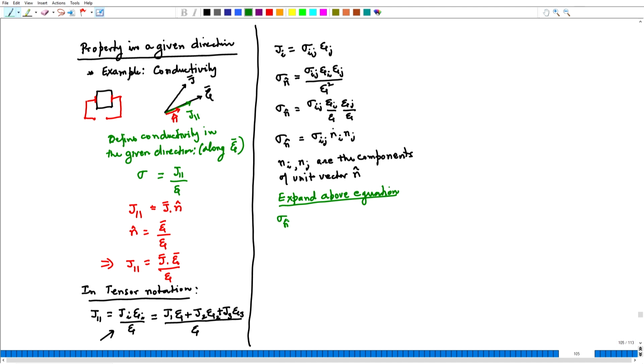So, the conductivity becomes a summation over i equals 1 to 3 and j equals 1 to 3 of this equation.